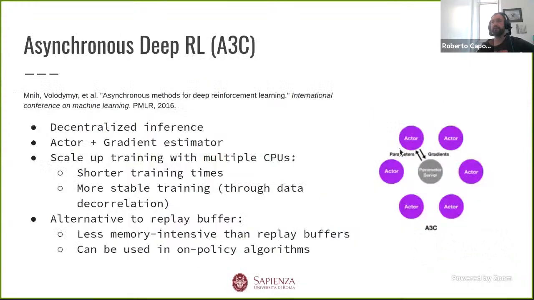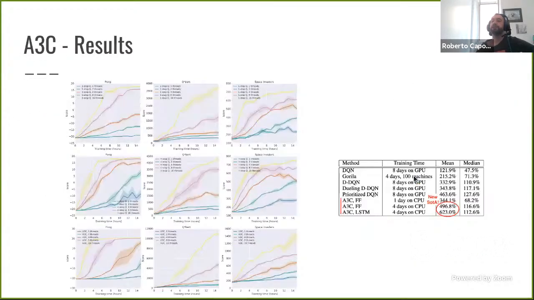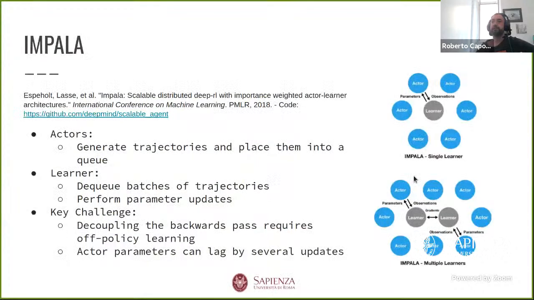So it's the second architecture that we have seen, this one. They only generate trajectories. They are stored then into a queue, which the learner dequeues to collect batches of trajectories and perform the parameter updates. So this is the case where before in A3C we're getting computed gradient information. Here we're getting just the transitions.